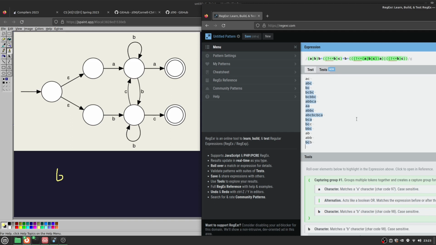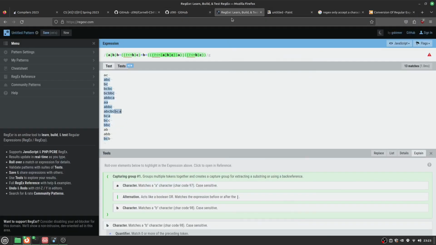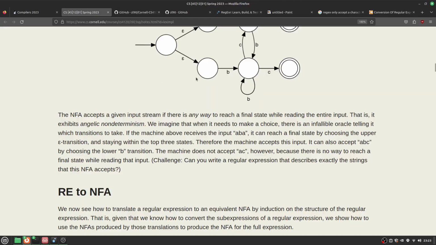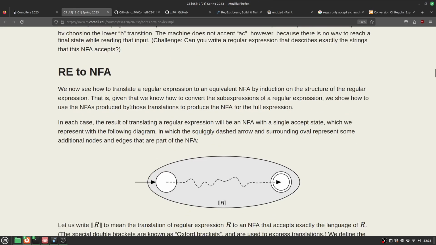So yeah, BCB should not be valid. Makes sense. Hell yeah. I think I did it. I think I cracked that. Let's go. That's cool. Spent more time on that than I wanted to, but we got there.